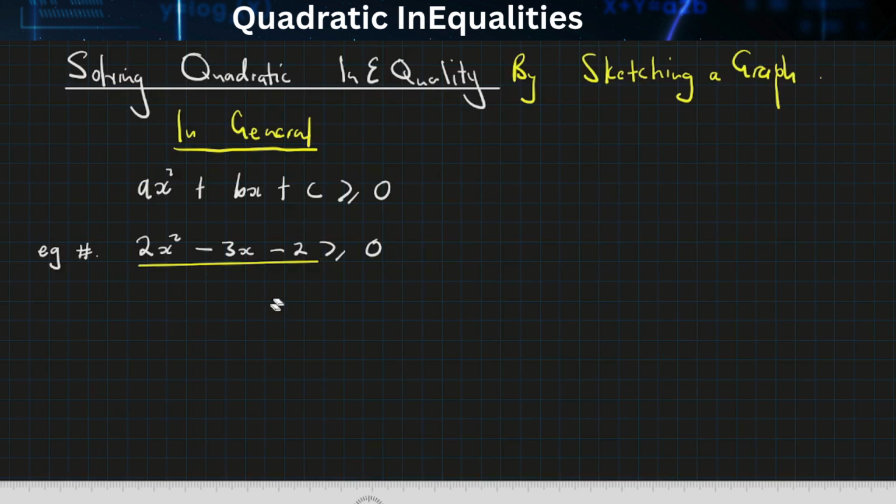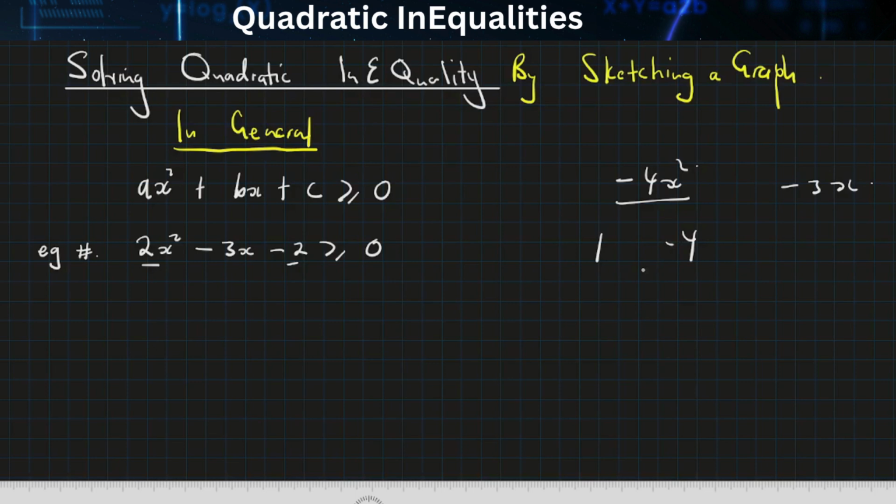So what we are going to do is, 2 times negative 2, that's negative 4x squared. If we multiply the first and the last, we're going to get negative 4x squared. And we look for the factors of negative 4x squared that can be added to the middle term, which is negative 3x. So carefully, I think that's 1 and 4, but one of them must be negative.